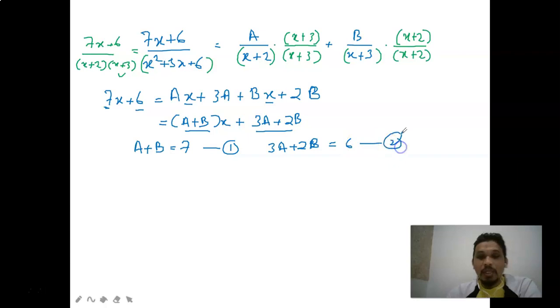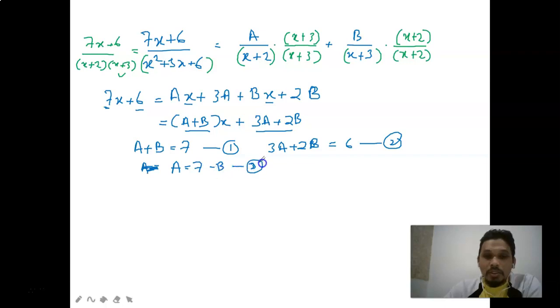Equation 2. Okay, two equations with two variables, so we use simultaneous equations. I think that you know how to handle this. From equation 1, I make A the subject: A equal to 7 minus B. Equation 3.